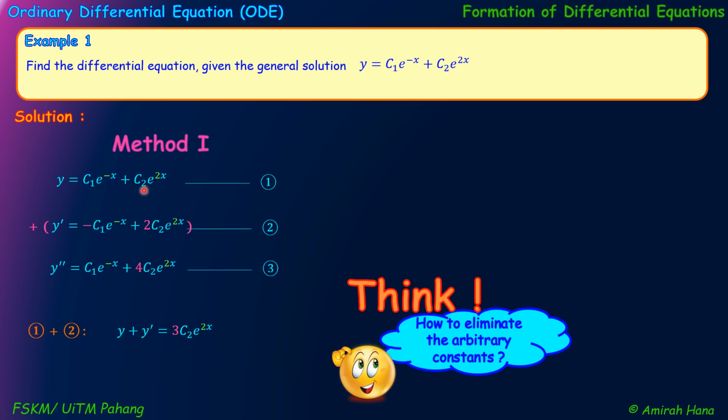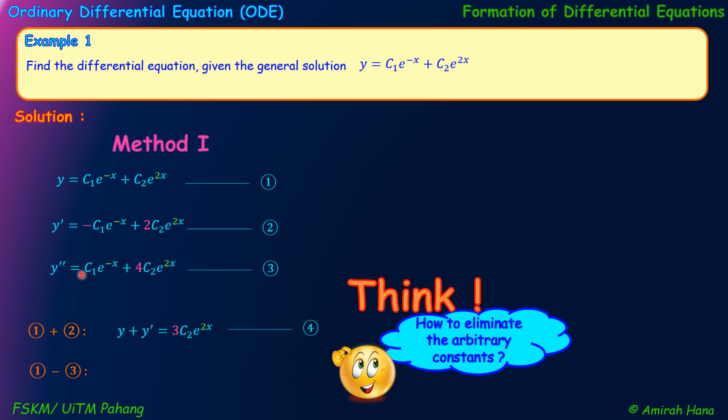And then we have c2 e to the power of 2x plus positive 2 c2 e to the power of 2x, so we get 3 c2 e to the power of 2x. So when we add equation 1 and equation 2, we can eliminate constant c1. Now we only have constant c2. After that, we can name this as equation 4.